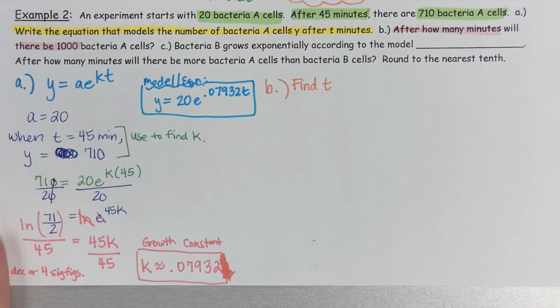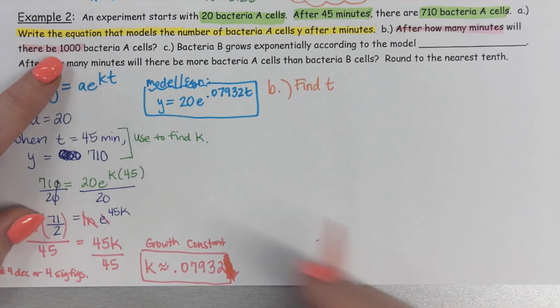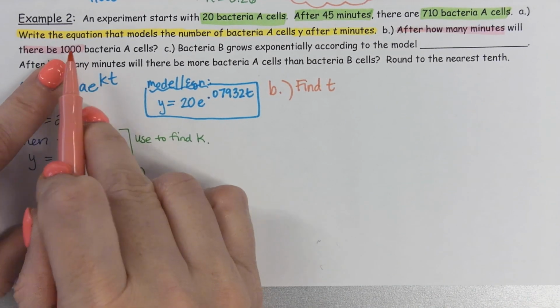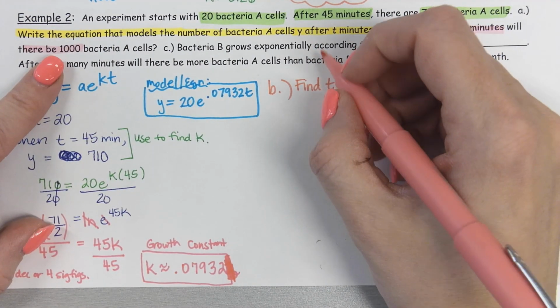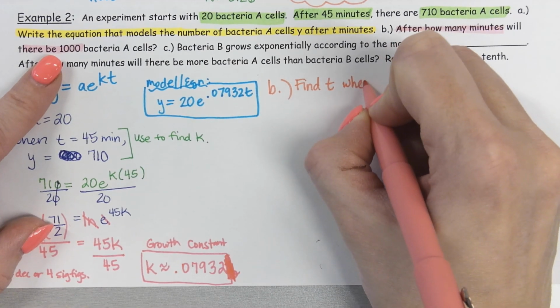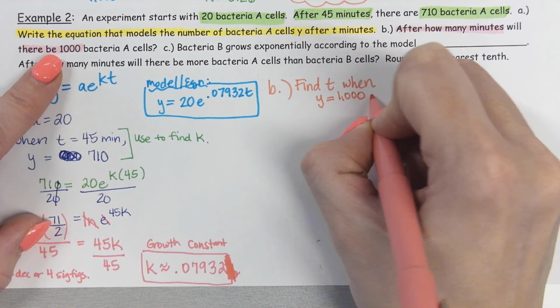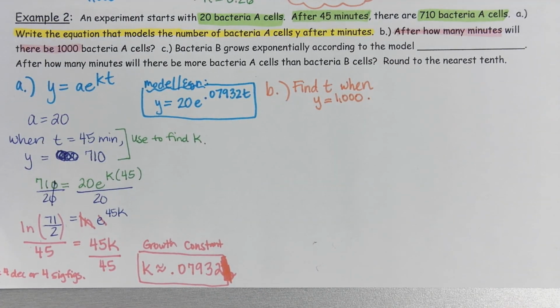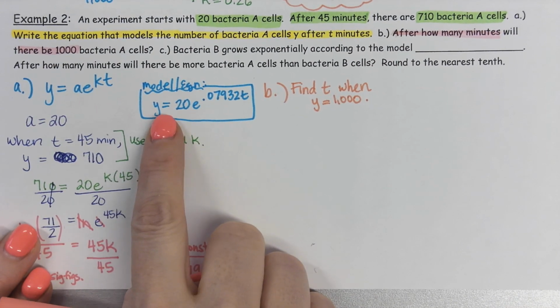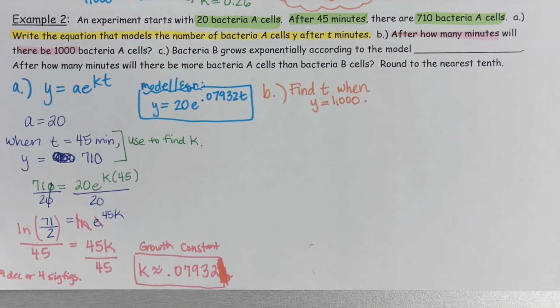Okay, so you're going to find T. They tell you there's going to be 1,000 bacteria A cells. What are we going to plug that in for? Yes, that's your Y. So find T when the output is 1,000. Okay, so you have your model. It's right here. I want you to plug that in and see if you can do the first couple steps. Okay, so you're going to plug that in, do the first few steps.